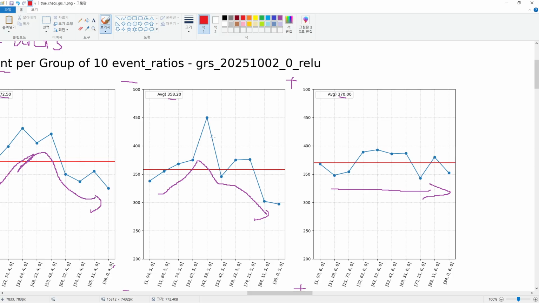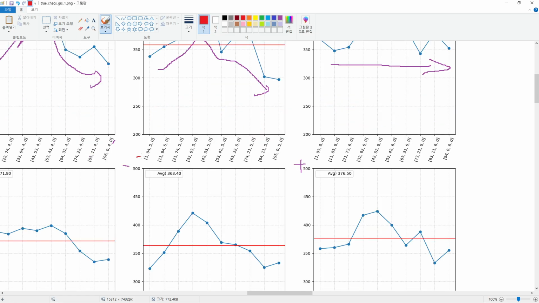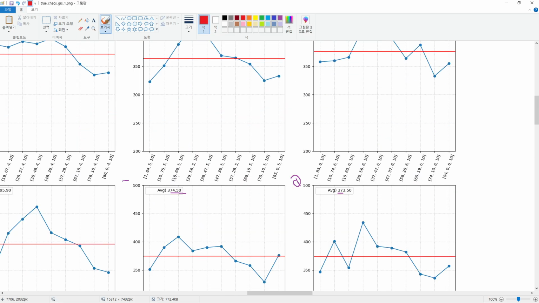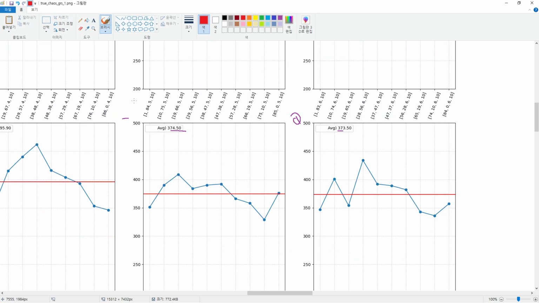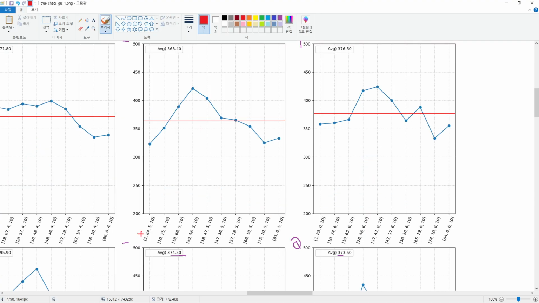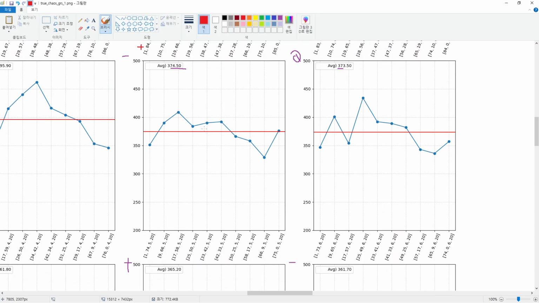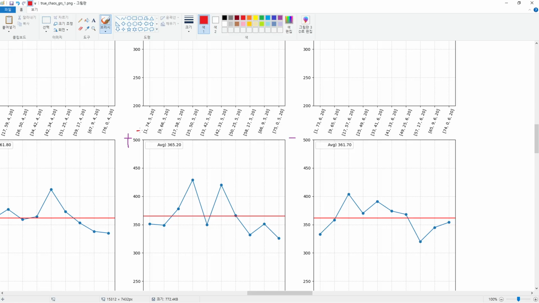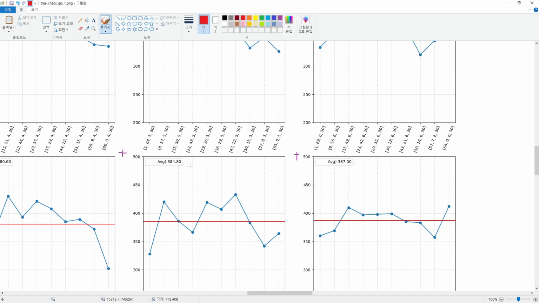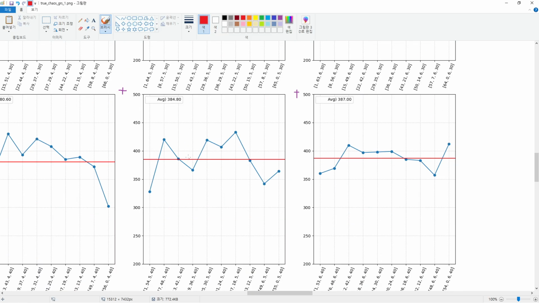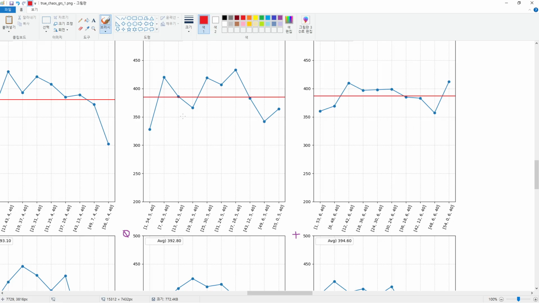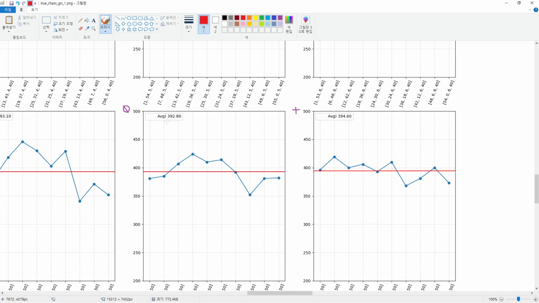Alright. Chill ratio at 0, 358, 363, so it's a plus. 363 to 374, it's a plus. 374 to 365, it's a minus. 365 to 384, it's a plus. 384 to 392, it's a plus.